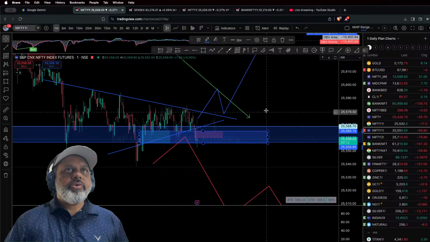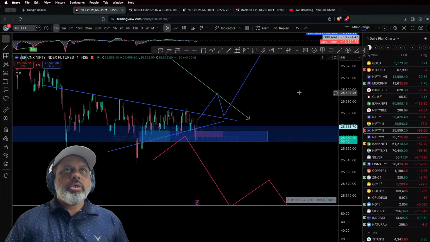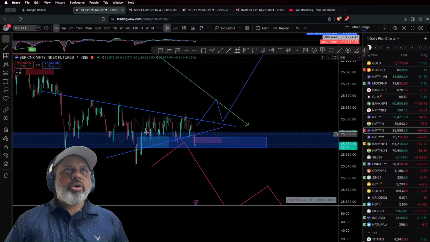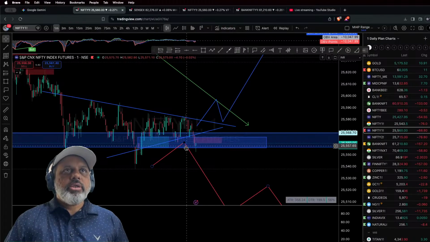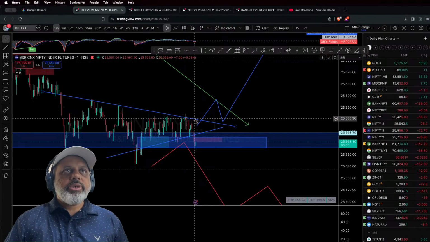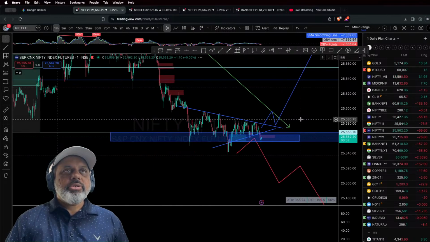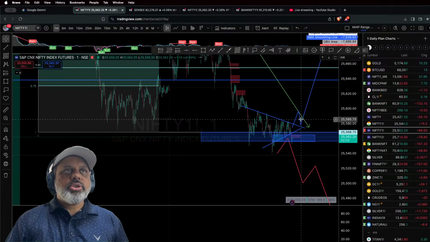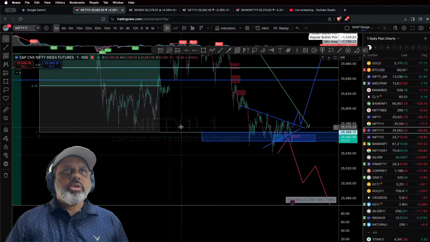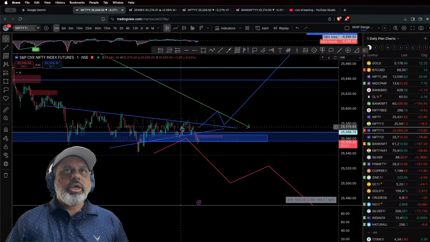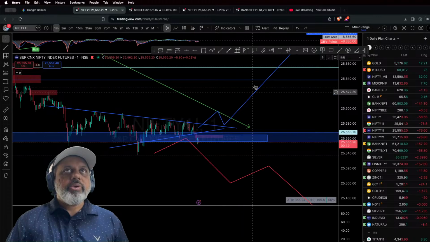This fair value gap is the one that was indicating some support after we had the first sweep. Now this looks like we are trying to make a second attempt at taking the sweep and riding higher. So the levels at which the sweep can be found is somewhere around this line, right?